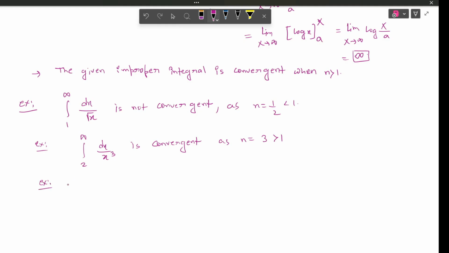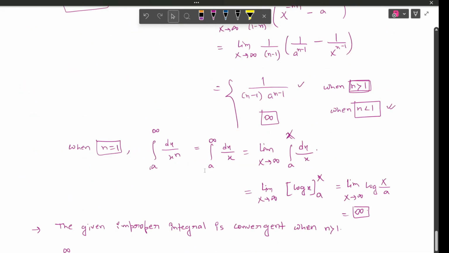Now take another example. Integration from 1/3 to infinity of dx by x. So n is 1. We know that when n equals 1, it will not be convergent. So it is not convergent as n equals 1.